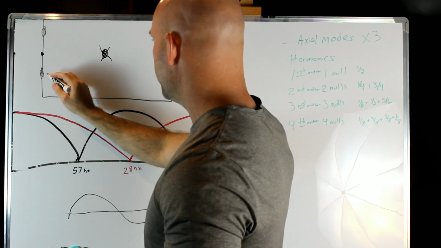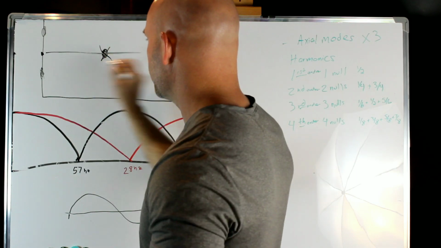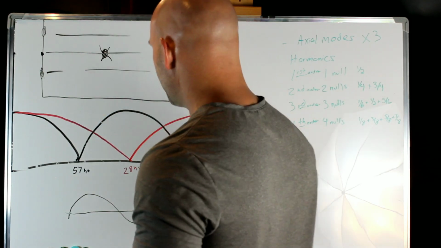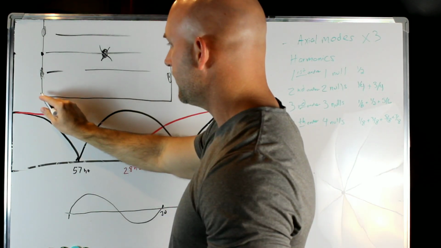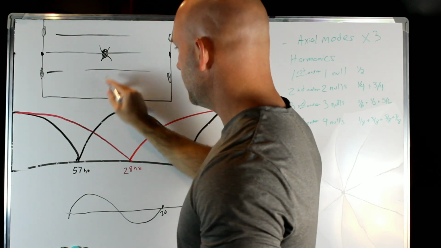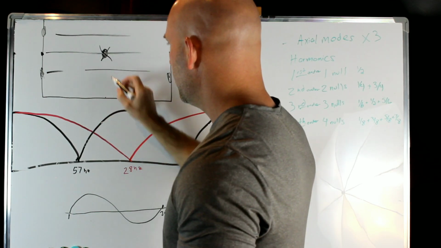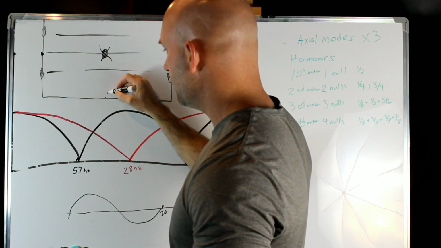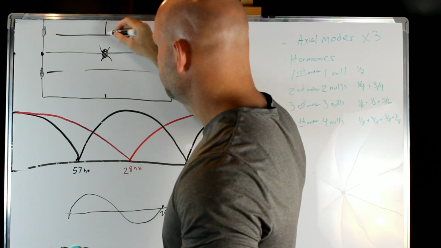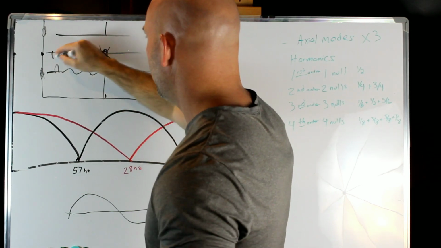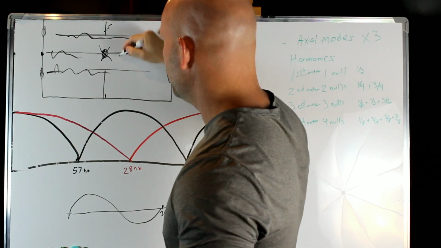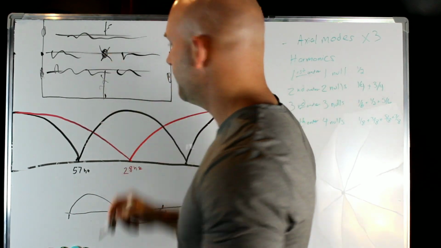So not only have we fixed the nulls going this way, remember, when we put a sub at a null, we know that there's also a big null, the first order null, sitting right here at the center of the room. Because now we have a virtual sub in the middle of the room, we've also fixed this null too. So all of these nulls, all of these room modes running through the room, we fixed.